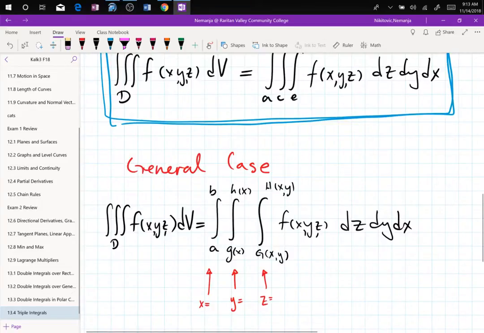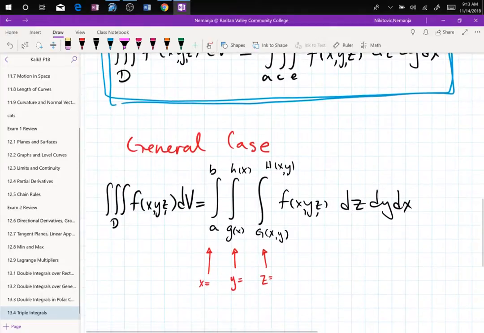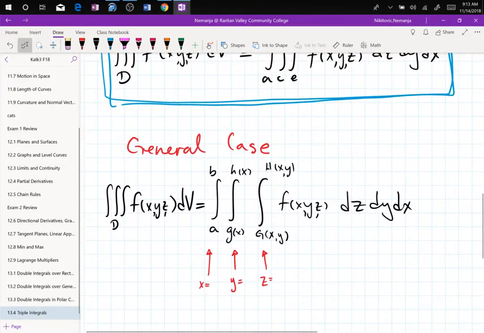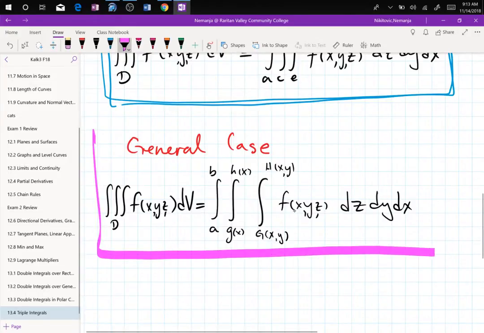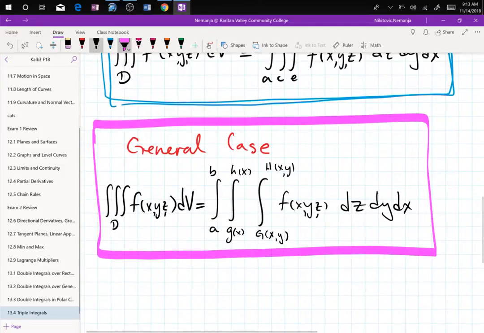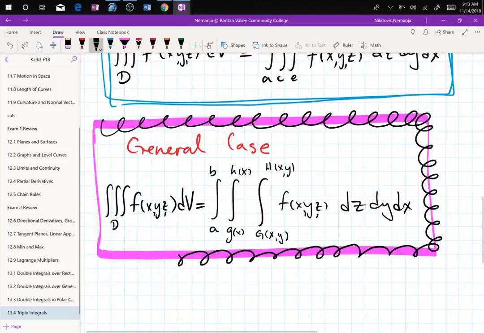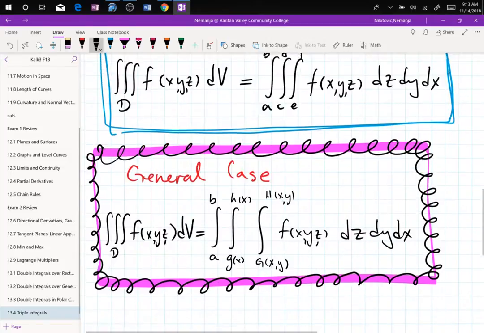So this is the standard one for us. And I need you to practice this right away. So I'll put the barbed wire around it too. There we go. So that's the main one.